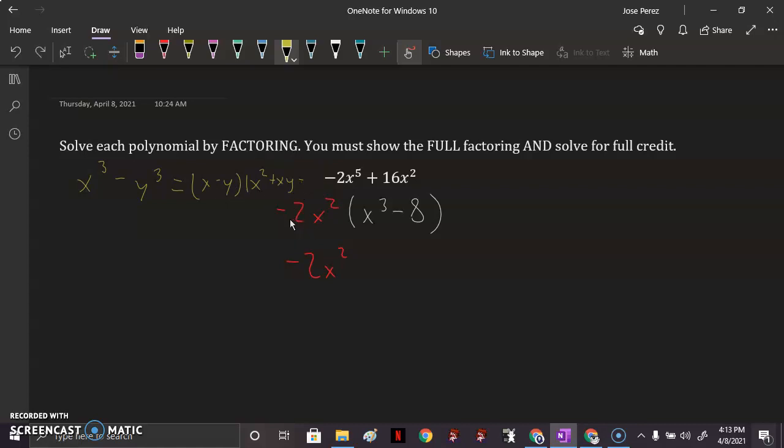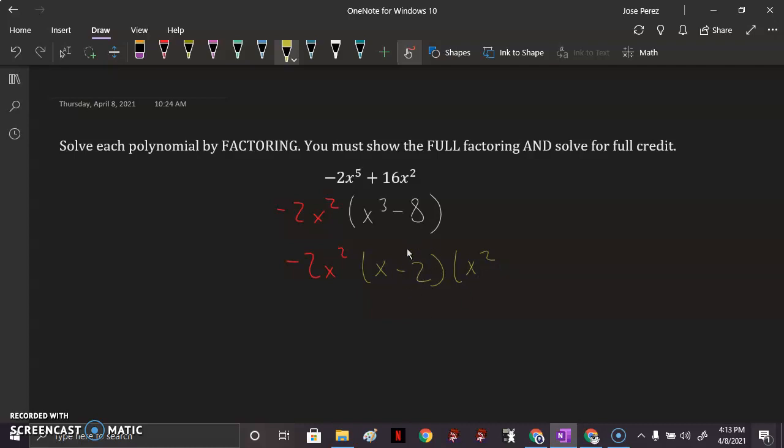And now let me get rid of that. We're going to use the sum of perfect cubes to solve this. Well, this is easy. So x minus 2 multiplied by, well, the sum of perfect cubes says that it should be x squared.